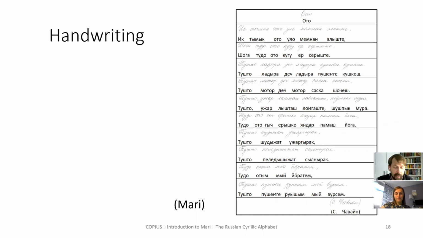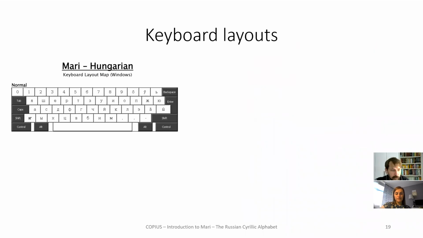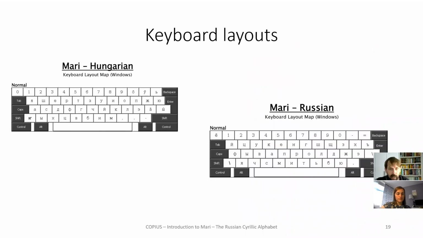You will find the normal Russian keyboard layout as it's used by Russian native speakers, but you will also find keyboard layouts like this one here on our website, morilanguage.com, that are so-called phonetic keyboard layouts.